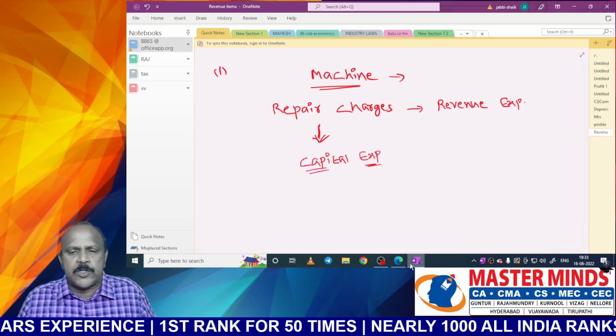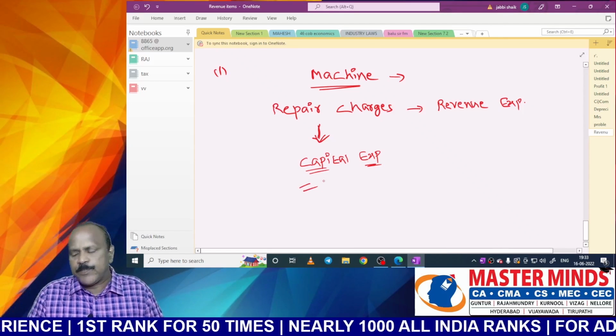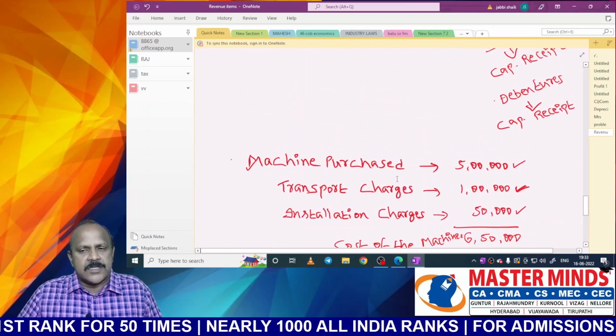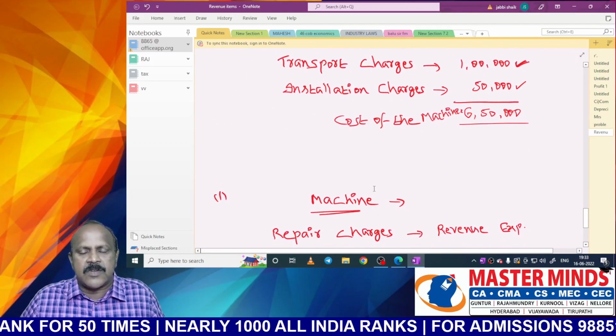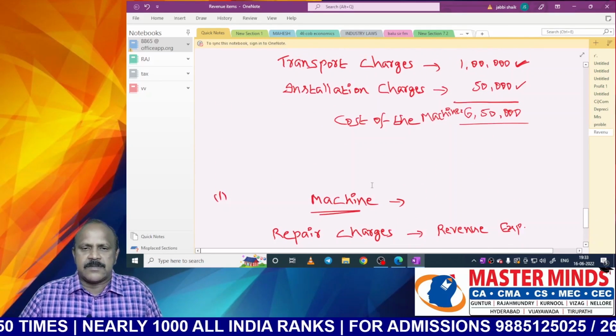You should be able to differentiate between these two, students. Like this, we can understand what capital items are and what revenue items are, students. Is this okay, students? Have a good day.